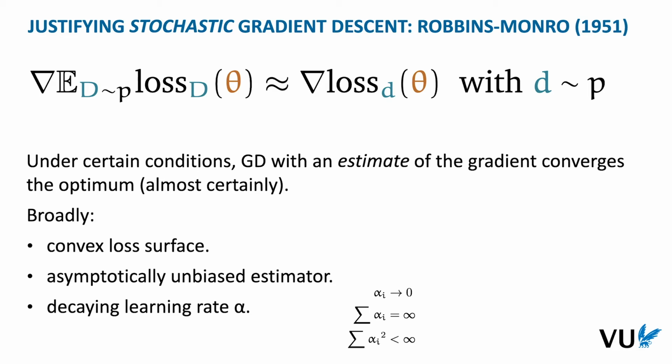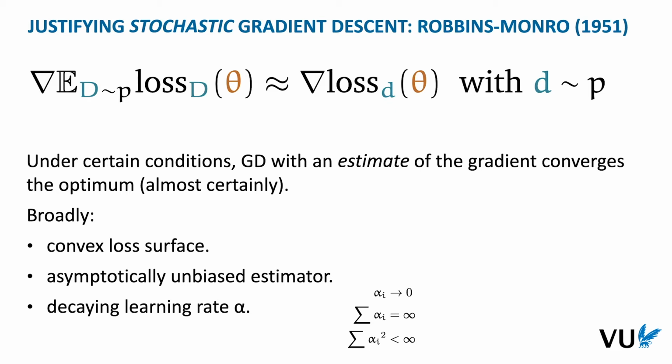So here on the left we see the gradient of the expectation of the loss, which is not a gradient we can compute, but we know that if we sample some data from this probability distribution and then compute the gradient of the loss for that sample, that's a good estimate for the gradient that we're actually interested in. And it turns out that with these estimated gradients, if we apply gradient descent, we can actually, under certain conditions, converge to the optimum almost certainly.